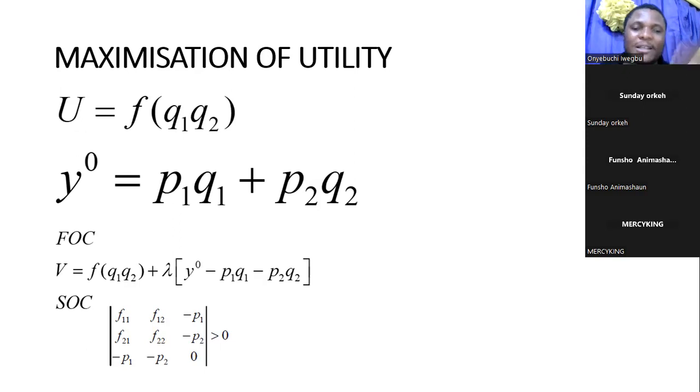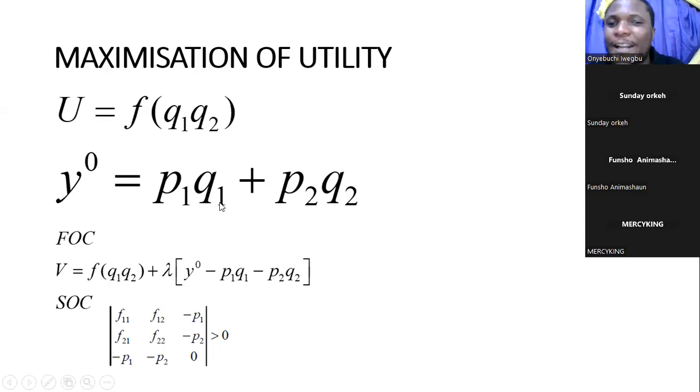What is goods 1? Q1. What is goods 2? Q2. How do I know the expenditure on Q1? Of course, very simple. The price of Q1, which is P1, times the quantity consumed.